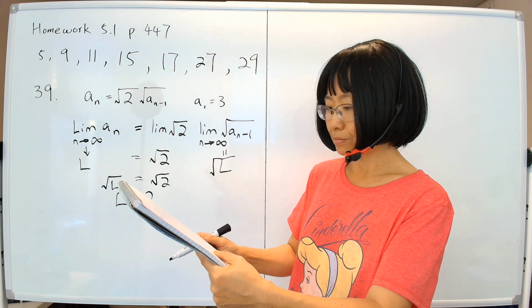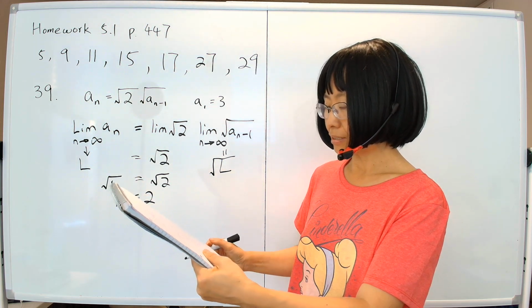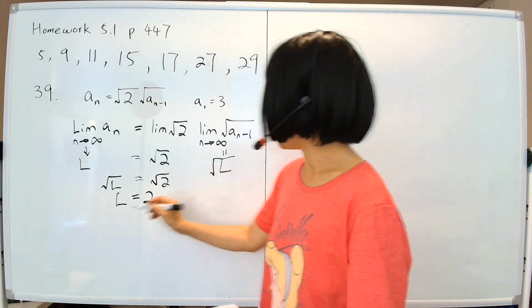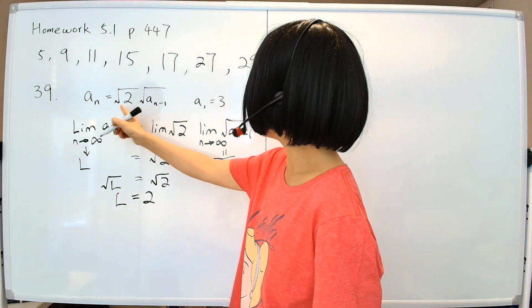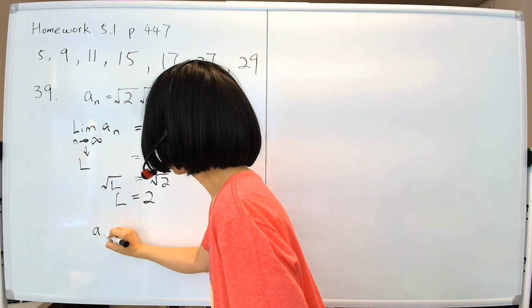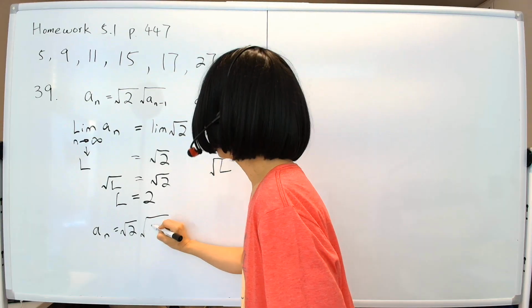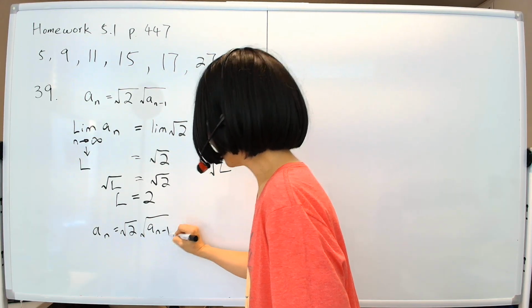How do we prove it's bounded? The bound is like this. We quote the original definition right here, where a_n equals square root of 2 times square root of a_(n-1).